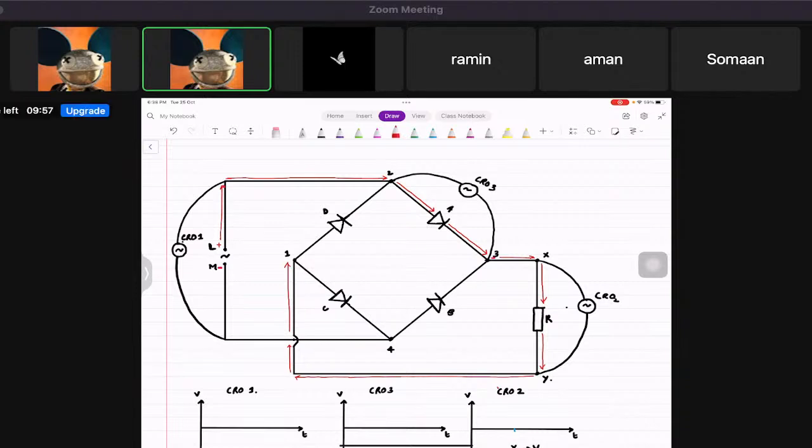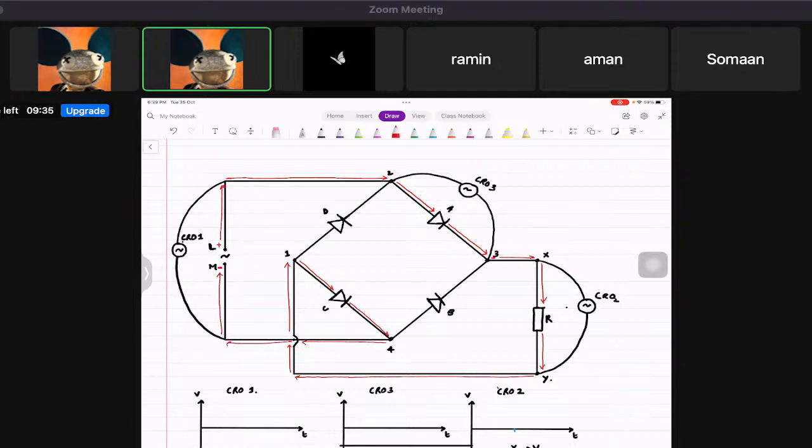Because the potential at 2 is higher than 1, it will go towards 4 then. It won't go towards that. Go here towards 4, and then it will go here, here, and finally it will reach back to M.